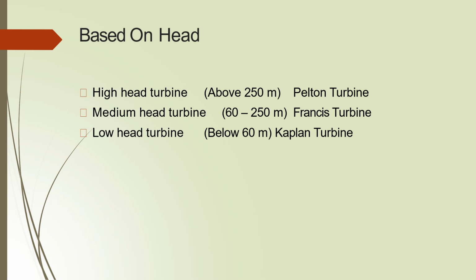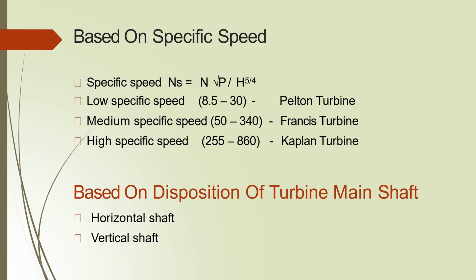The example for this is the Pelton turbine. If the head is between 60 meters and 250 meters, it is called a medium head turbine. The example for this is the Francis turbine. And if the head available is less than 60 meters, it is called a low head turbine. The example for this is the Kaplan turbine.